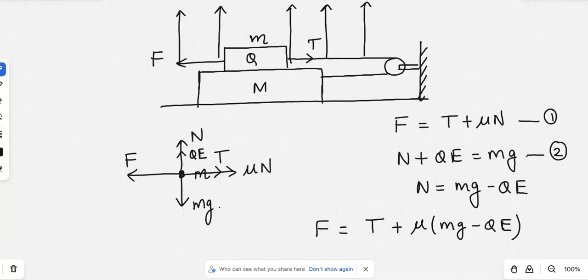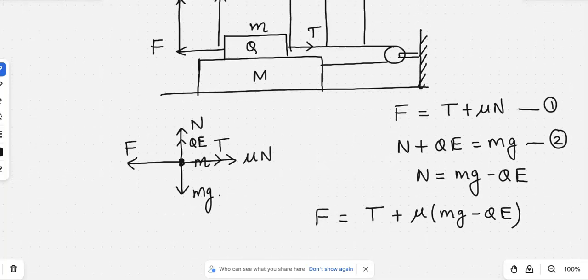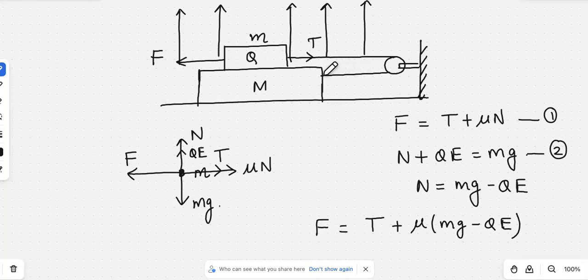So now what is the tension over here? How will you find the tension? On this block capital M there is a tension T again here, and there is no friction between capital M and the ground, right?